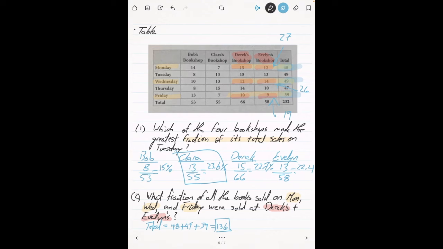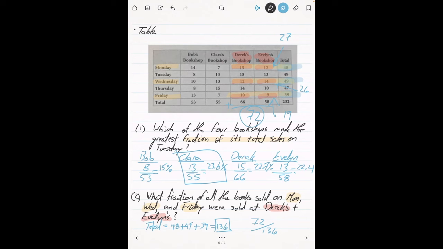So Derek and Evelyn sold 27, 26, and 19 books. What is that? 27 plus 26 plus 19 gets us 72. That means Derek and Evelyn sold 72 out of 136 books on Monday, Wednesday, and Friday.